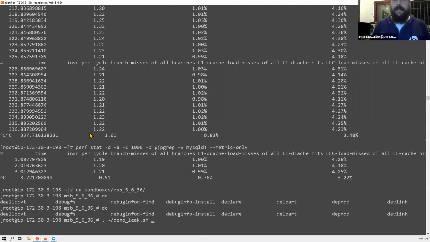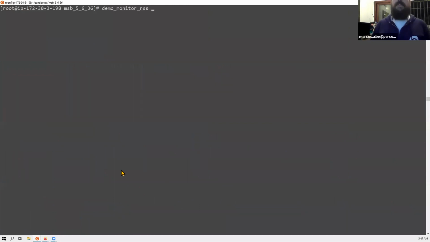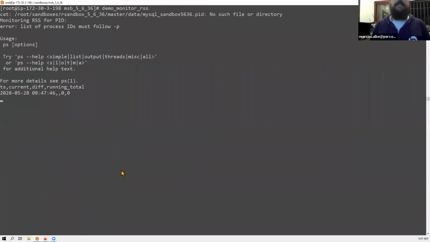Demo leak. Give me 1 second, please. Okay. Demo steps. All right. So basically, I have a demo monitor RSS. Oops. R sandbox. Oh, did I put it in R sandbox?